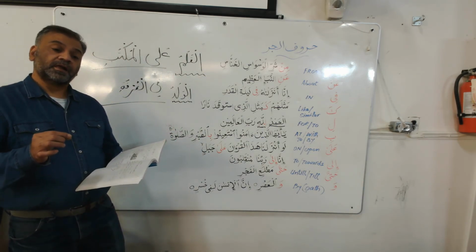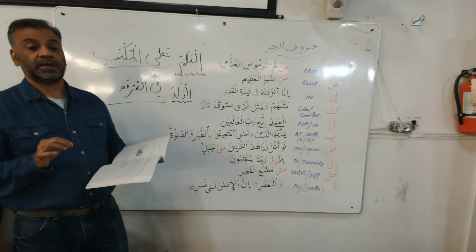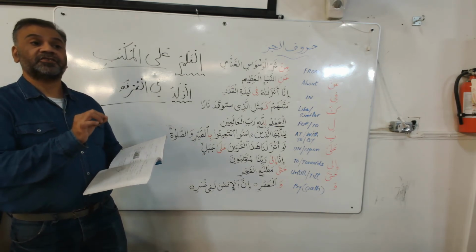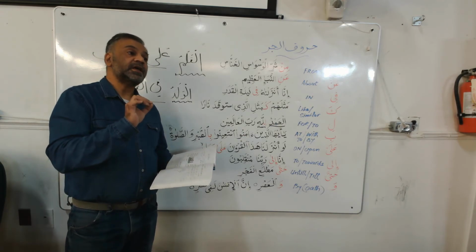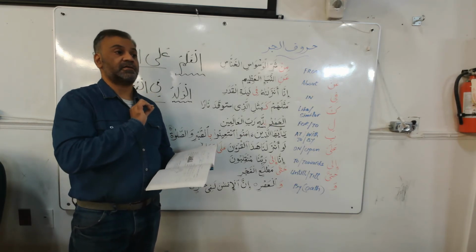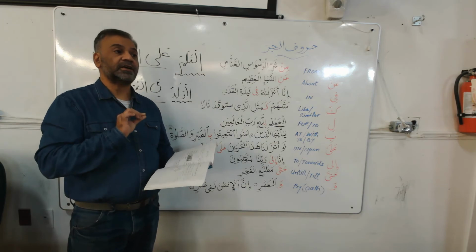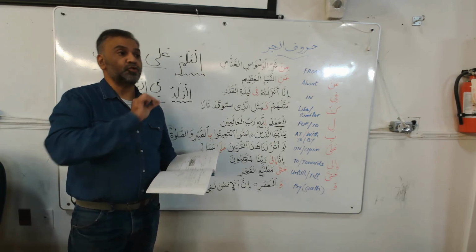So by identifying if there is an al and there is a shadda there, we know that it will be a sun letter. But if there is no shadda there, it will be the moon letter.